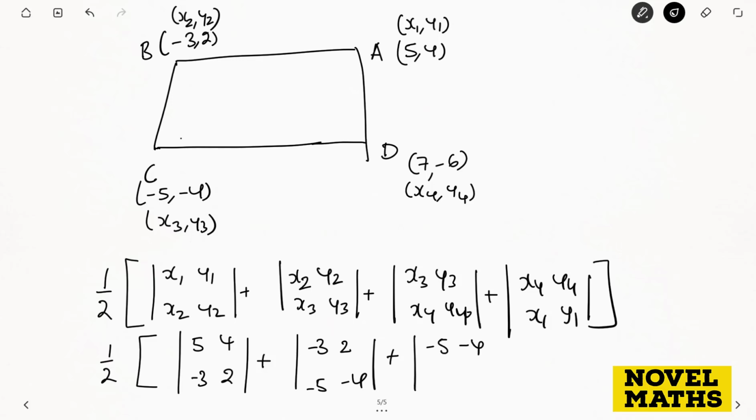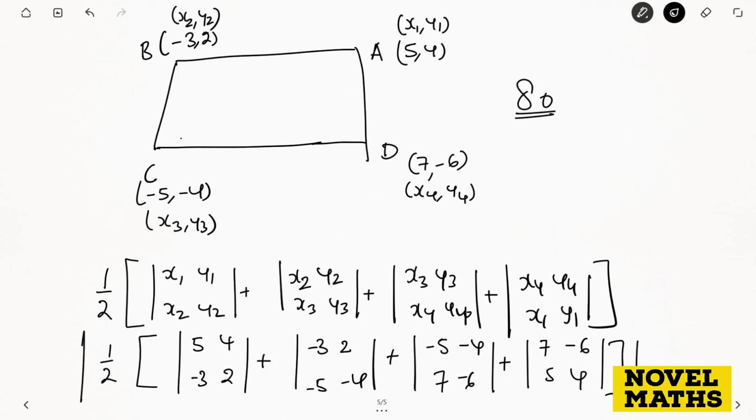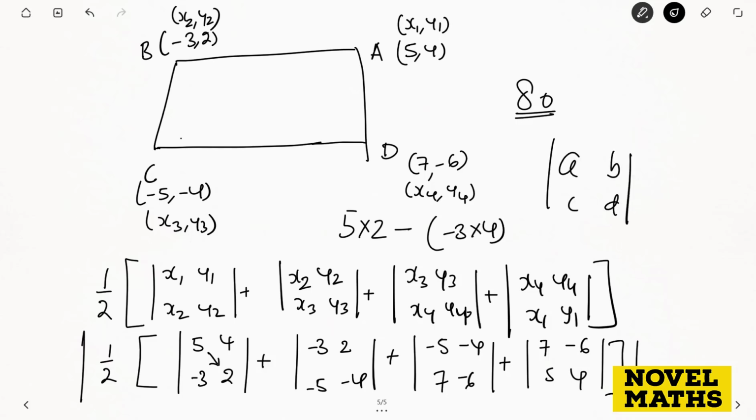Negative 5, negative 4, 7, 6 plus 7, 6 and 5, 4. If you calculate this and simplify the absolute value of this, the answer will be 80. If you're confused about this, this is 5 into 2 minus 5 into 2 minus 3 into 4, right? A, B, C, D. This is the same as AD minus BC.